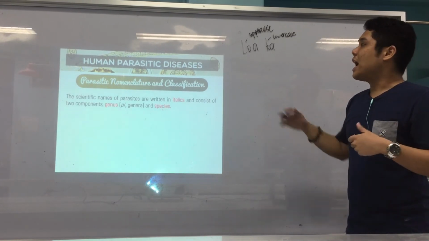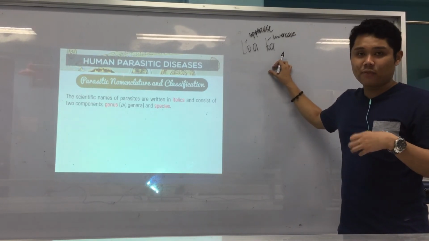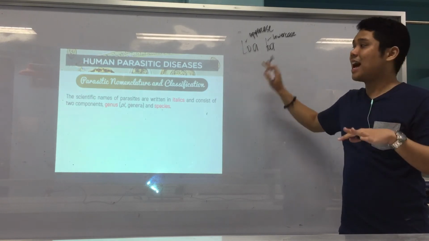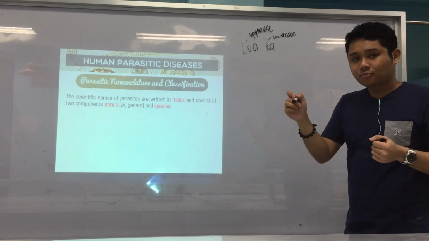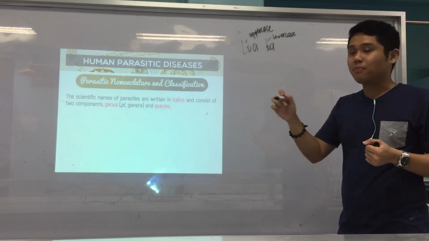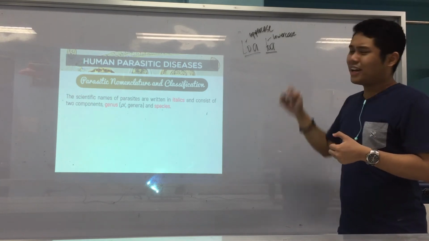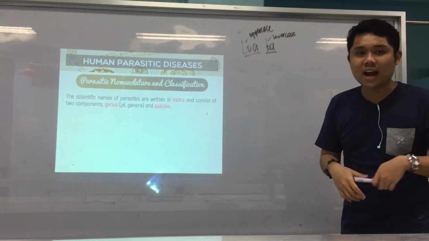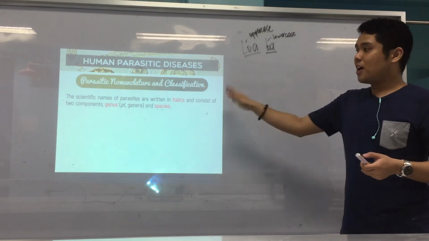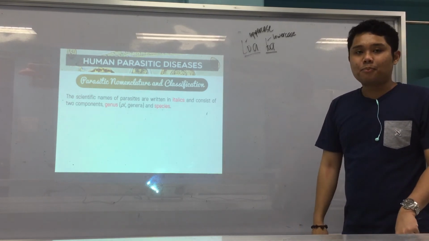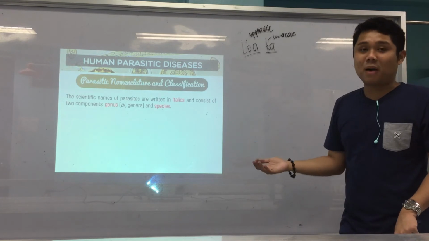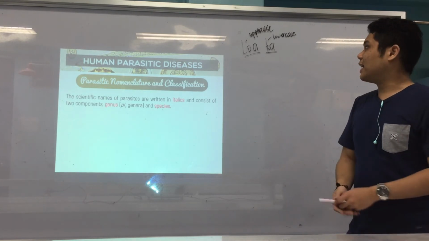Yes, it comes out in the boards. If it's computerized or typewritten, it should be in italics. But if we write it by hand, like on paper, it should be underlined. So that's the basic rule, guys, in writing scientific names. We follow that also in writing names of parasites. Please take note, okay?